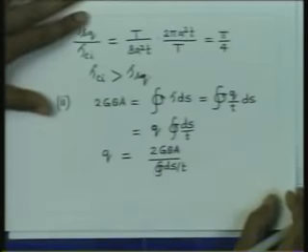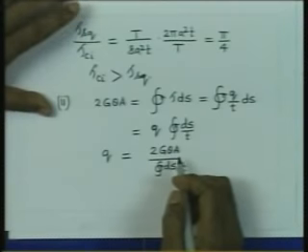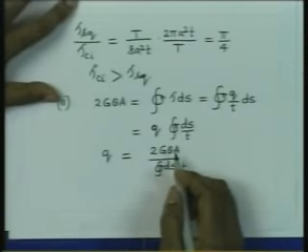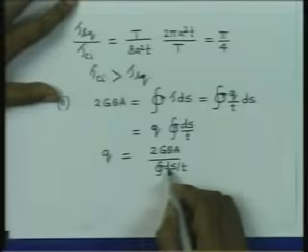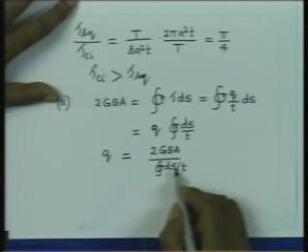You can now substitute the value. A is given by 4 a square in the case of square, and in the case of circle it is pi a square, and this circumference is 8 a in the case of square, and it is 2 pi a in the case of the circle.